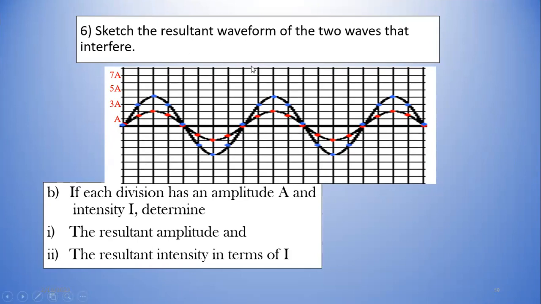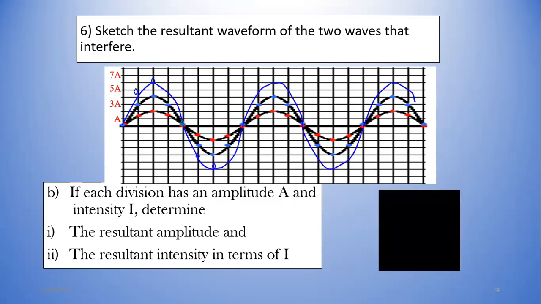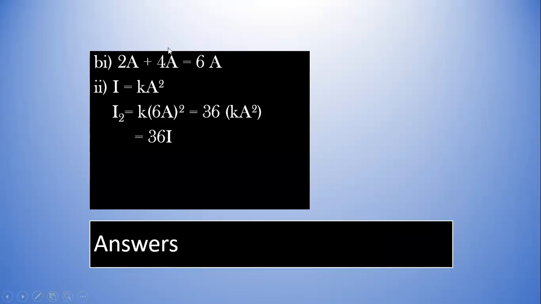What's the resultant amplitude? 6A. This one is 2A, this one is 4A. 4A plus 2A, 6A. Good. What is the intensity? 36I. Just square the 6, you get 36I. Okay, that's the working.